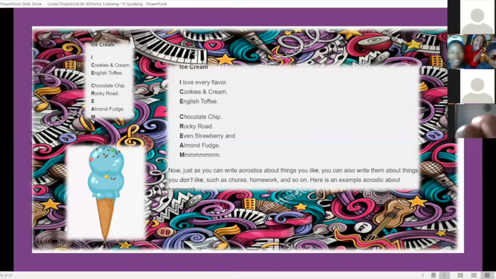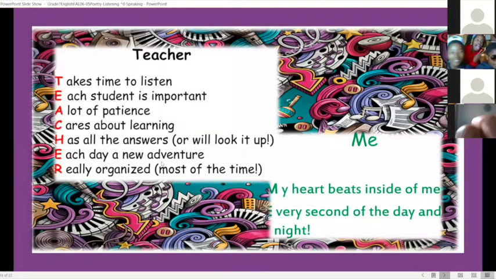Right. So now, here is one about a teacher and me. Well, me as in general me. We got the letters T, E, A, C, H, E, R. And now we just add qualities about a teacher.